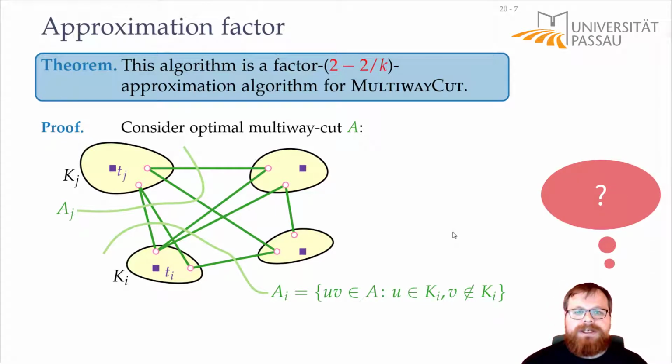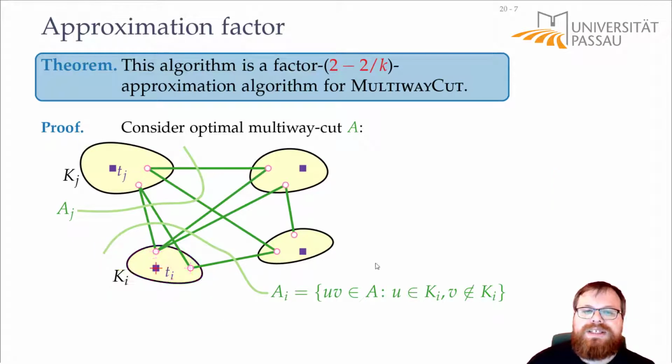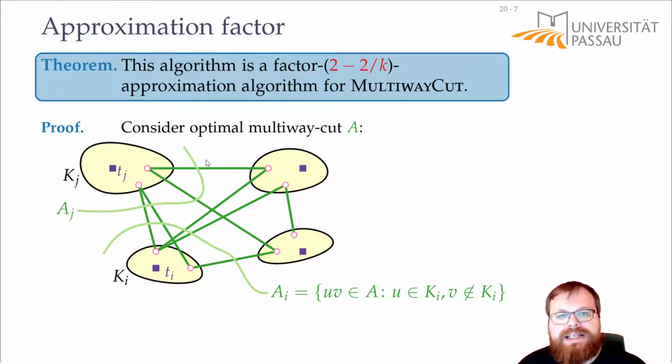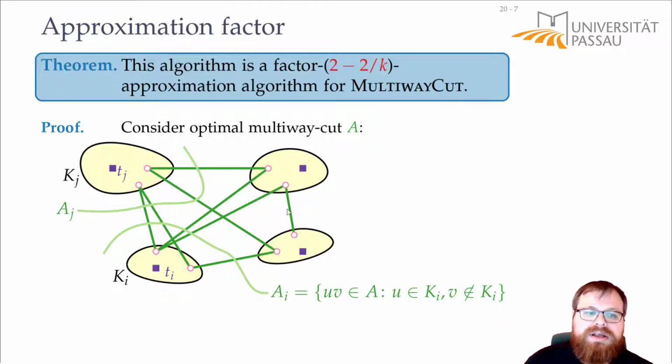And what special properties do these sets Ai have? Each of them is an isolating cut. The set Ai is an isolating cut of Ti, because all the other edges that are not in Ai don't influence what this component is connected to at all. These are exactly the edges from the multi-way cut that separate Ti from everything else.